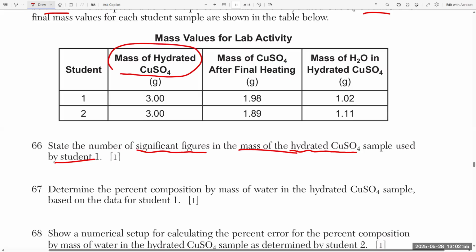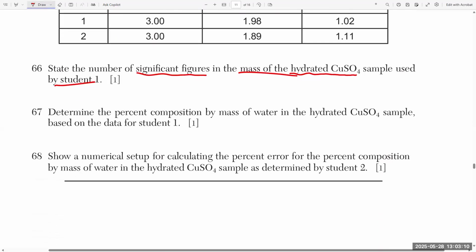This means with water. This is after heating. This is without water. So how do you think we figure out the mass of water? What do you think? It's the difference, right? So we know that the mass of water is probably going to be 3.00 minus 1.98, right? That's going to be the mass of water, right?